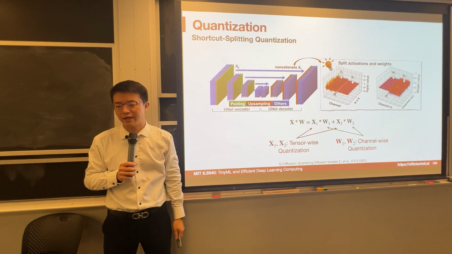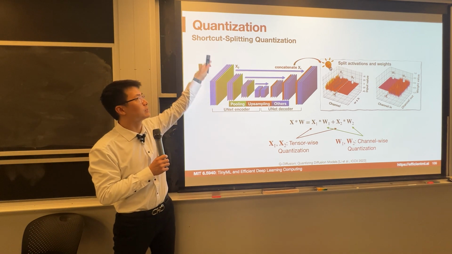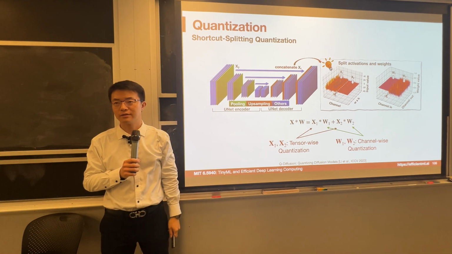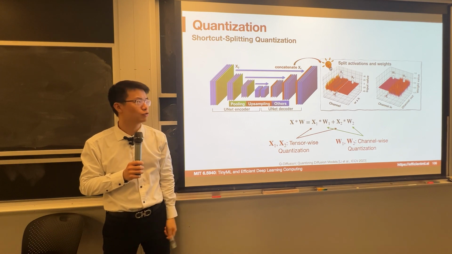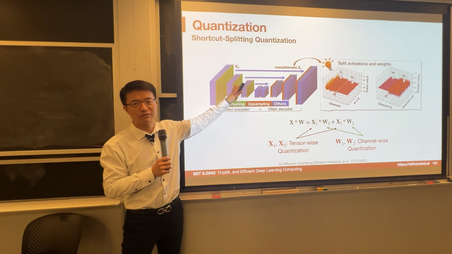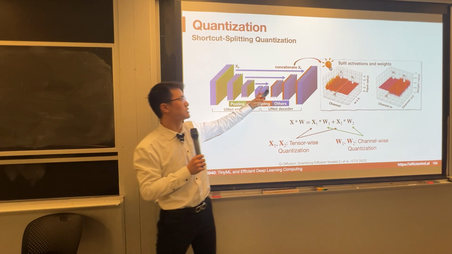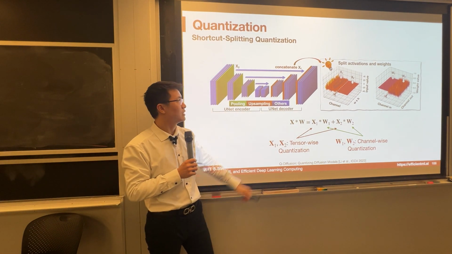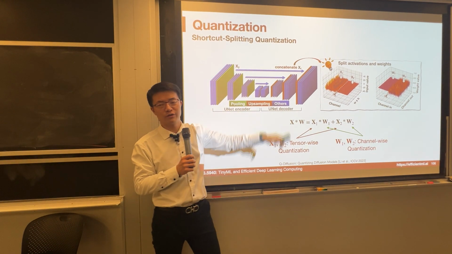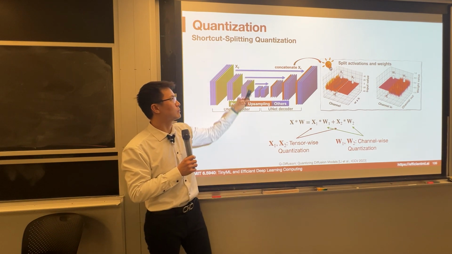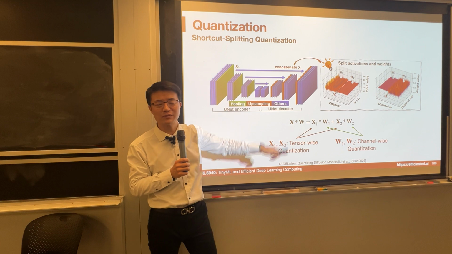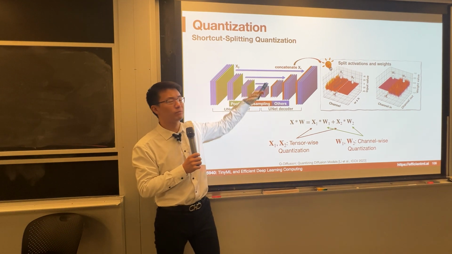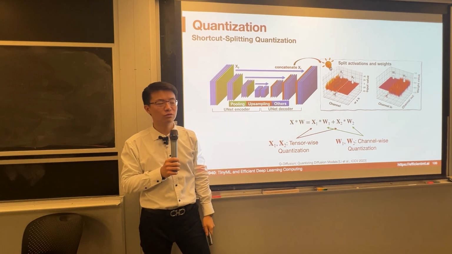And there's another insight: shortcut splitting quantization. Since during the denoising phase we're using a UNet, the UNet first has a downsampling phase and then an upsampling phase, and there are bypass connections between the downsampling and upsampling phases when the feature map is of the same resolution.